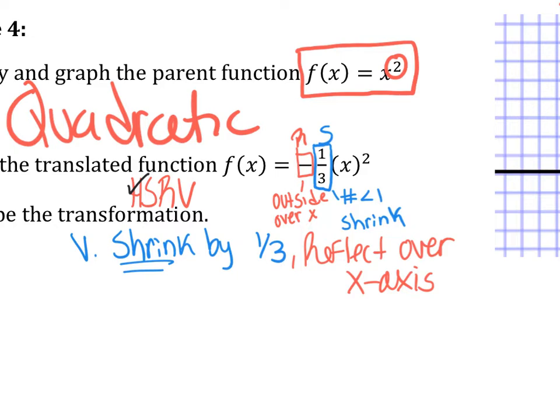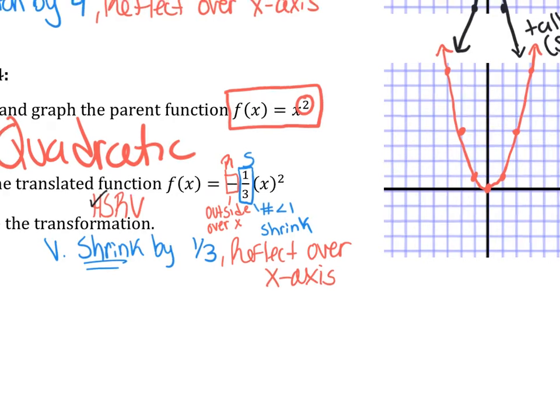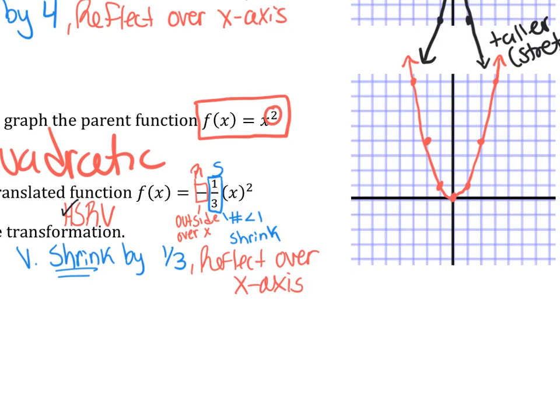So to graph it, we would just type that in your calculator. So your negative sign, and then 1 divided by 3 for your 1/3. Then parentheses, x, close the parentheses, and the x squared key to get your squared. And then graph it, hit the graph button, look at what it looks like, and then use your table to graph some nice points.